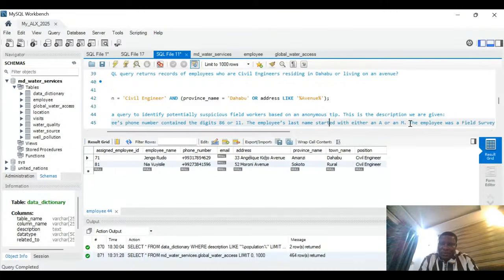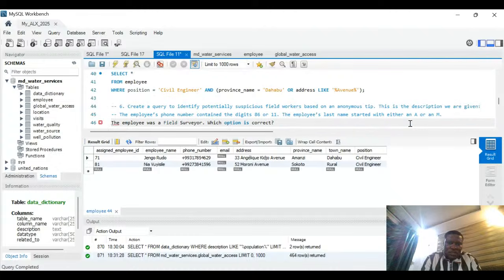Okay, so let me drop this to the next line. Remember that anytime you are writing something that is not part of your query, if you do not introduce two dashes with a space, the query takes it as part of the code. So ensure that you put the short dashes before any comment.